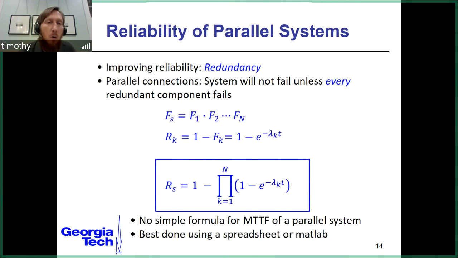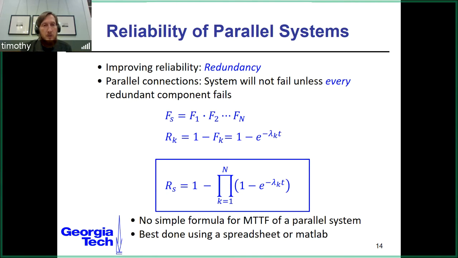How do we make it work a little bit better? The answer is redundancy. We can do parallel connections in a system. Systems will not fail unless every redundant component fails. So now think of this. F of s is going to be equal to f1 times f2 through fn.